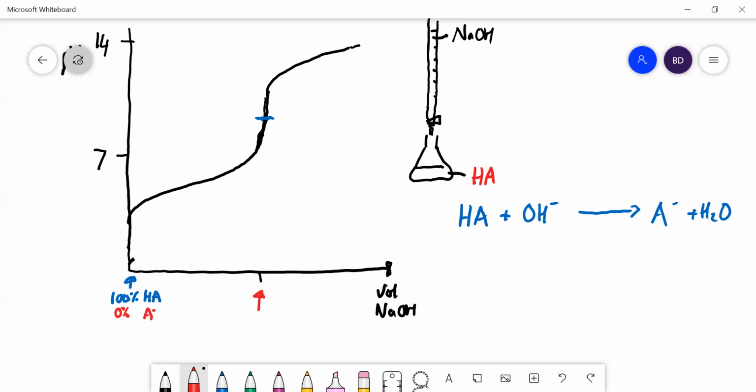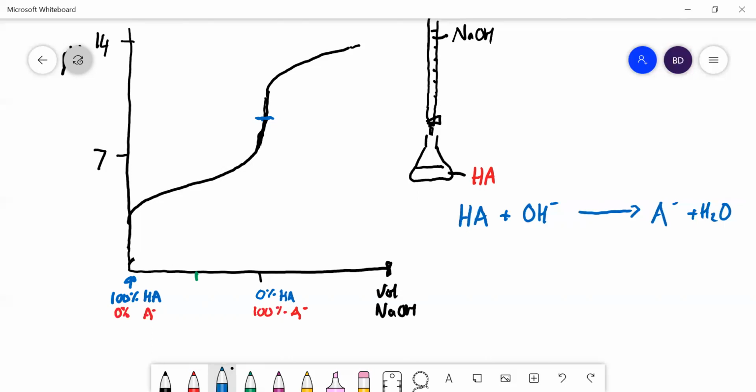And at the equivalence point, it's the other way around. We've now got 0% HA, that's all been reacted, and we've got 100% of the weak acid being its conjugate base. Okay, so at this point here, which is half the equivalence point, so we've added 25 centimeters cubed for the equivalence point, this is where we've added 12.5.